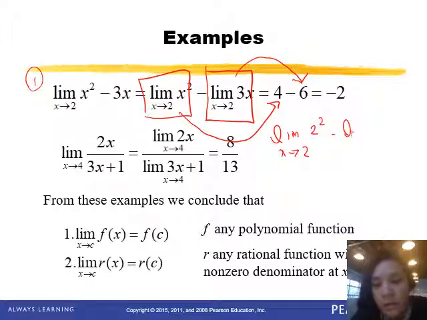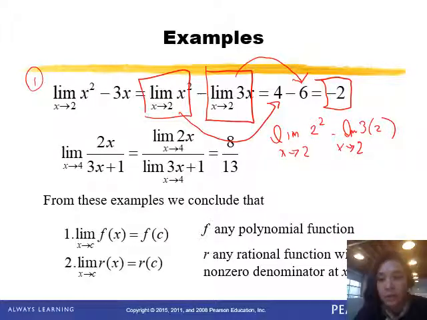And the limit as x approaches 2 of 3x is 3 times 2. And so that's how we get those numbers. And so 4 minus 6 is negative 2. So that would be the limit of this function right here. You use your properties of limits, and then you're able to solve. So not too hard, right? But these are important things that you need to know how to do.